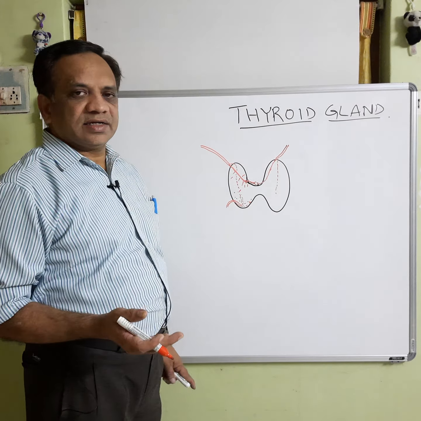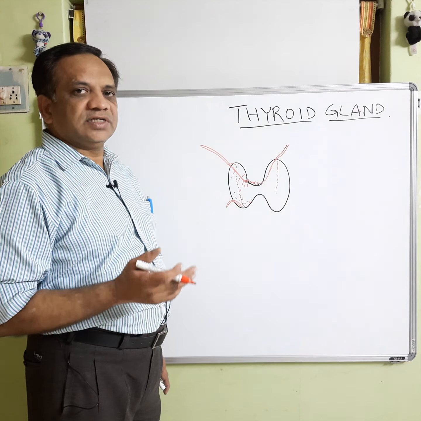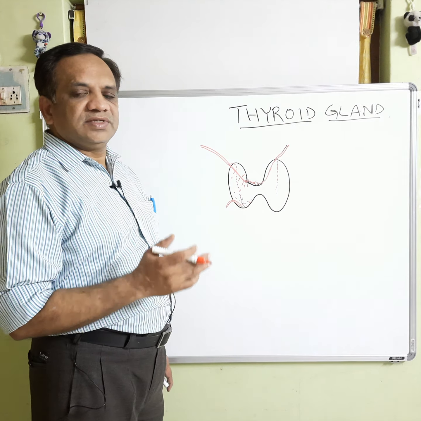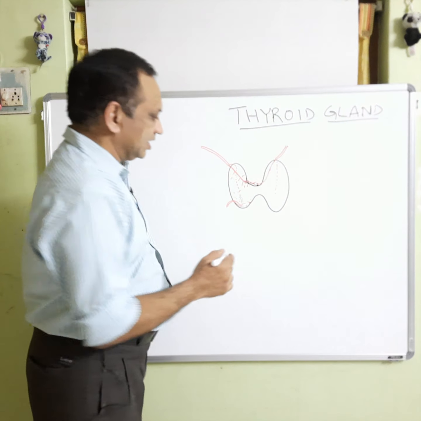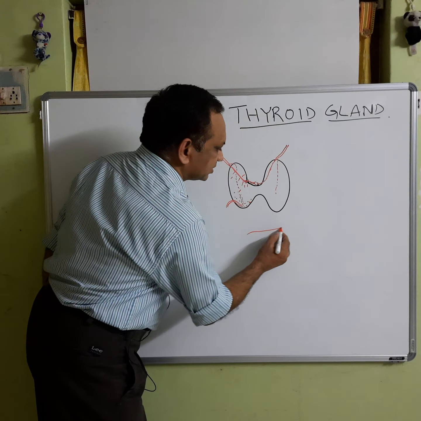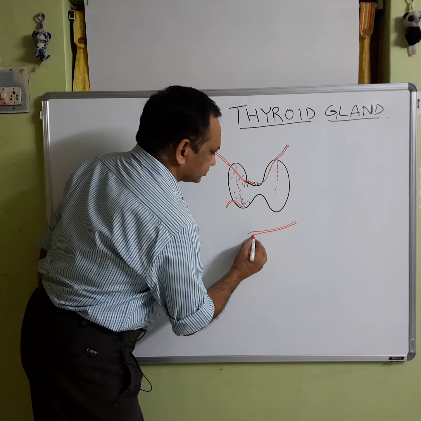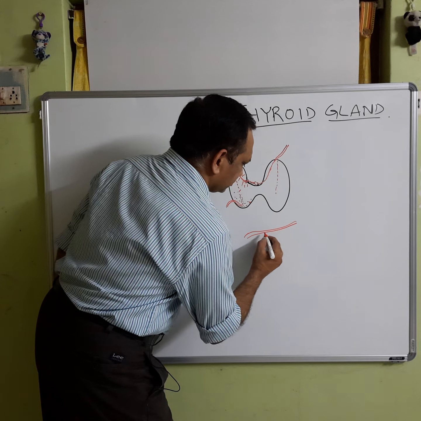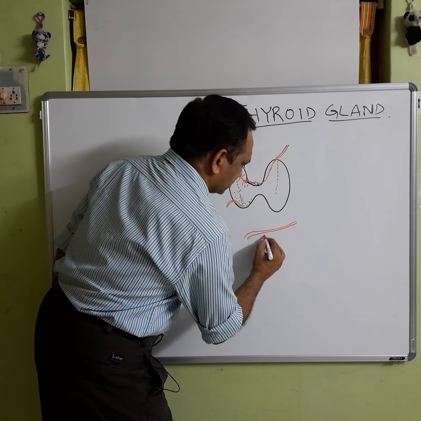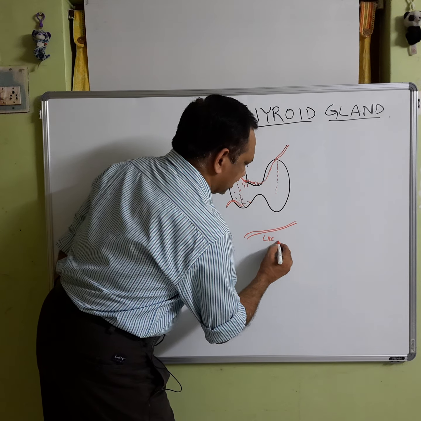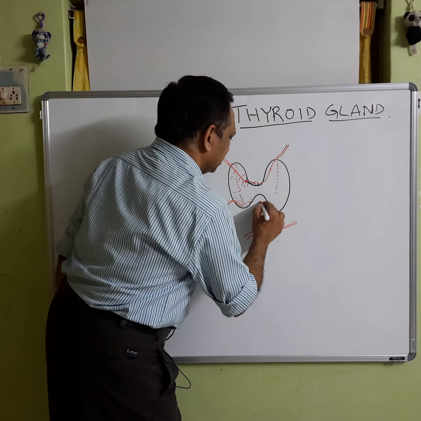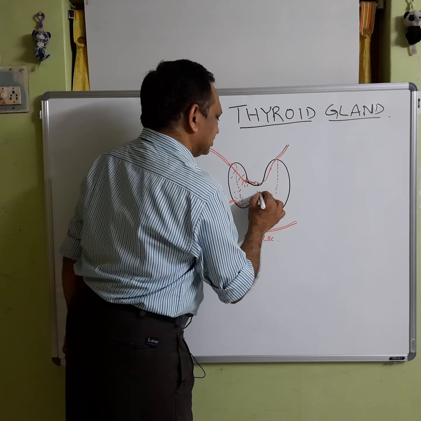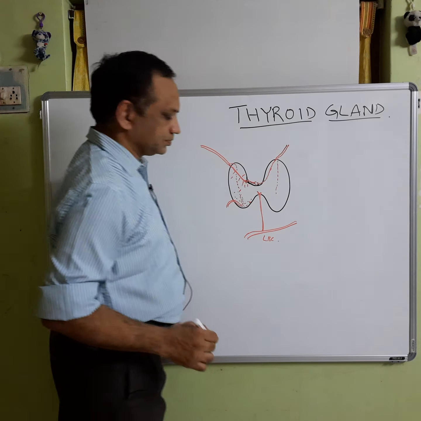There is another artery sometimes present, which is called the thyroid ima artery, which is from the left brachiocephalic trunk, which is going like this. So, this is the left brachiocephalic artery, and from here the thyroid ima artery rises up and supplies the isthmus.